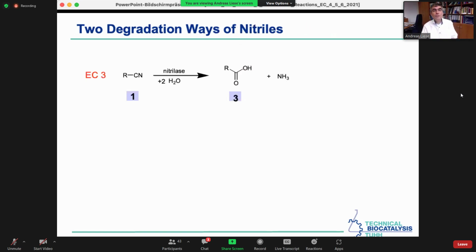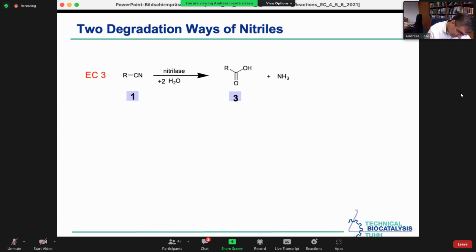So then we talked about the degradation pathways of nitriles. Nitriles are these C triple bond N functions. Maybe I quickly, because we don't have it here, also once again draw it here for you.